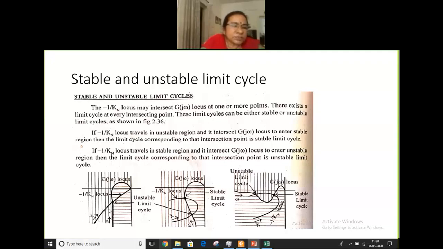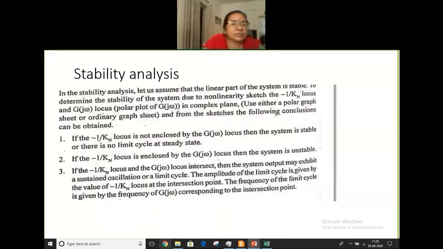The right side of this portion is always enclosed. If the full Gj omega portion is enclosed, then you can say it is a stable one. Not enclosed. Can you analyze the stable and unstable condition? Minus 1 by Kn not enclosed by the Gj omega locus, then the system is stable.